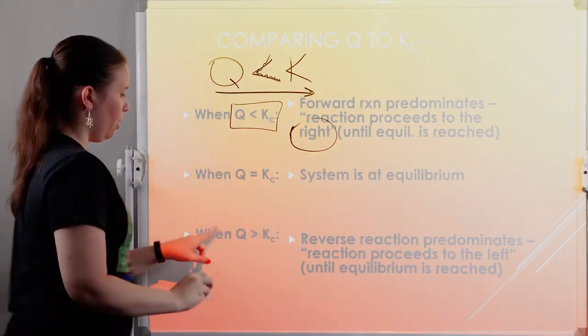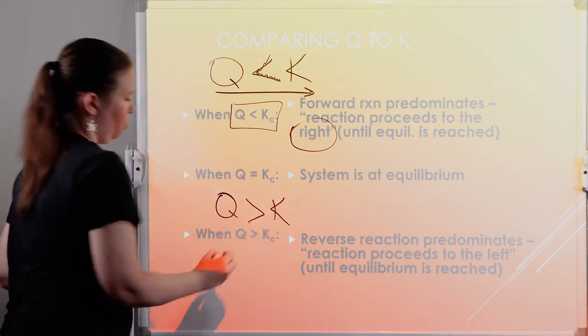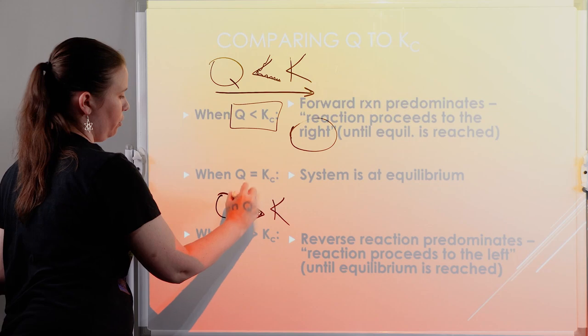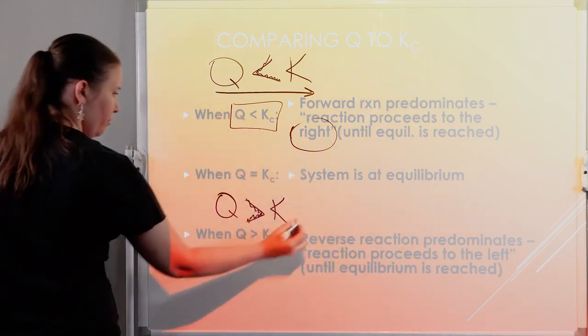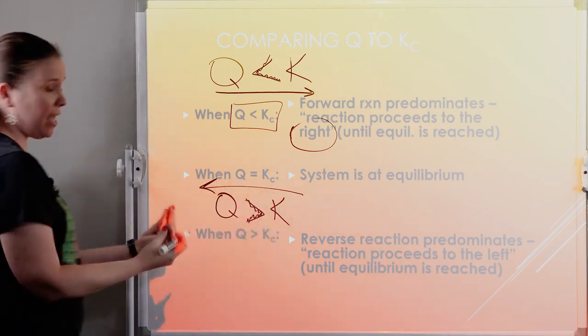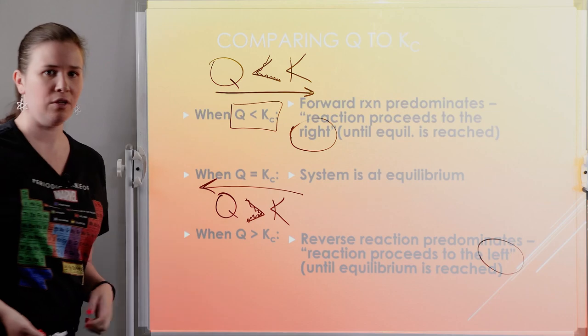On the other side, if I have Q versus K, where Q is greater, now my little alligator needs to come towards me. It needs to go left in order to eat Q. So we would say the reaction proceeds left.